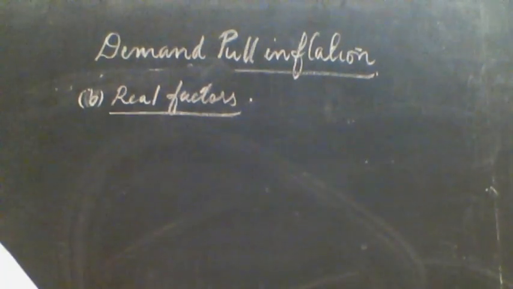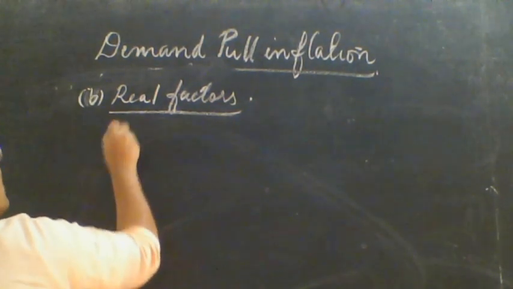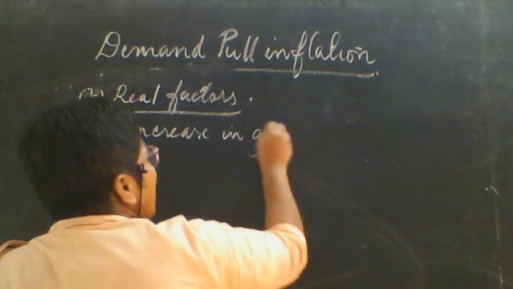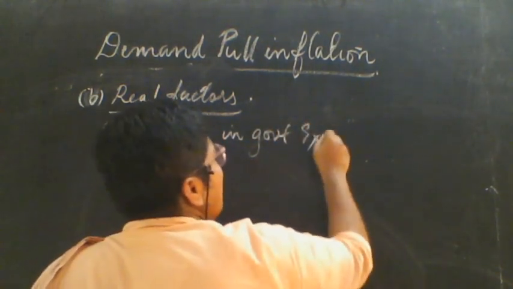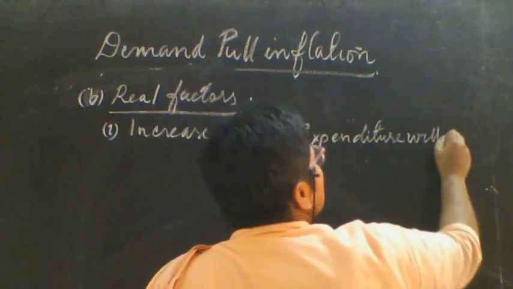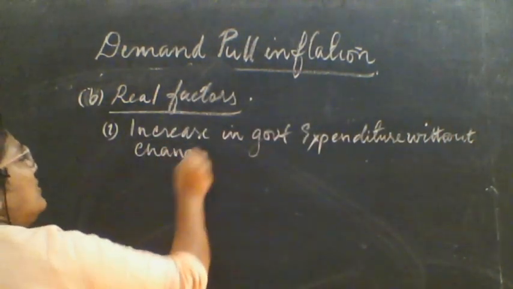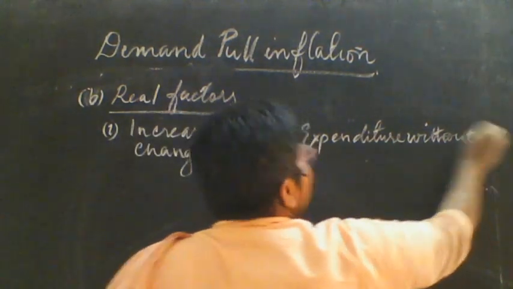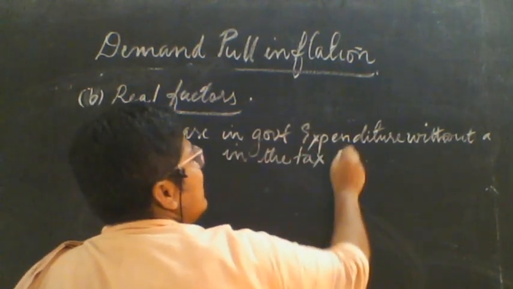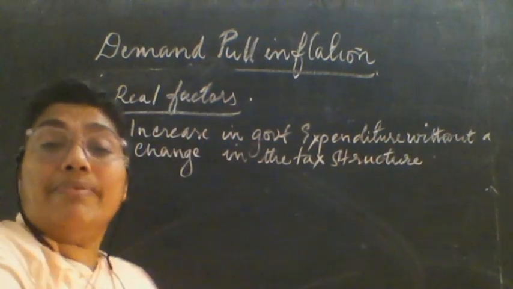First one, increase in government expenditure without changing the tax structure. That's the first factor.